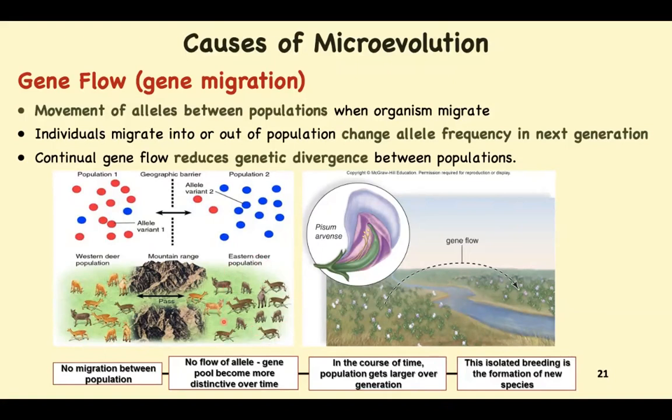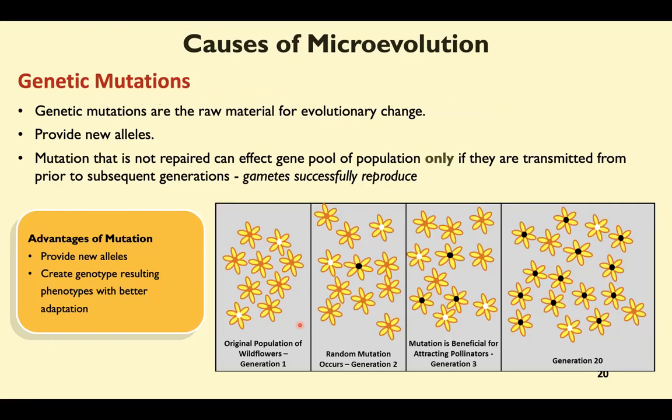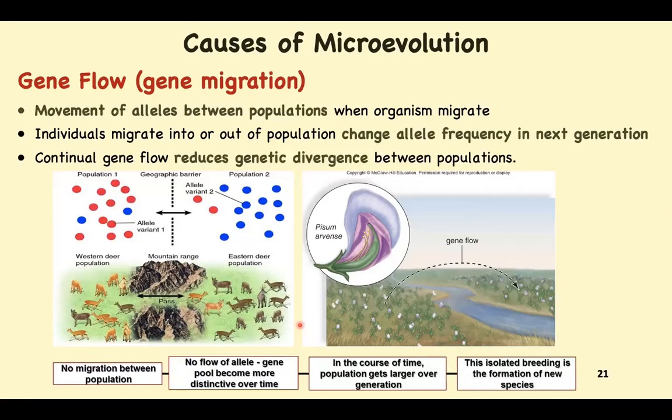So this isolated breeding is the formation of species dalam dunia, speciation. Okay, so that is gene flow, another condition of Hardy-Weinberg equilibrium. Kalau Hardy-Weinberg equilibrium is not met. Okay, so gene migration. So another cause of this microevolution, tadi mutation, now is migration.